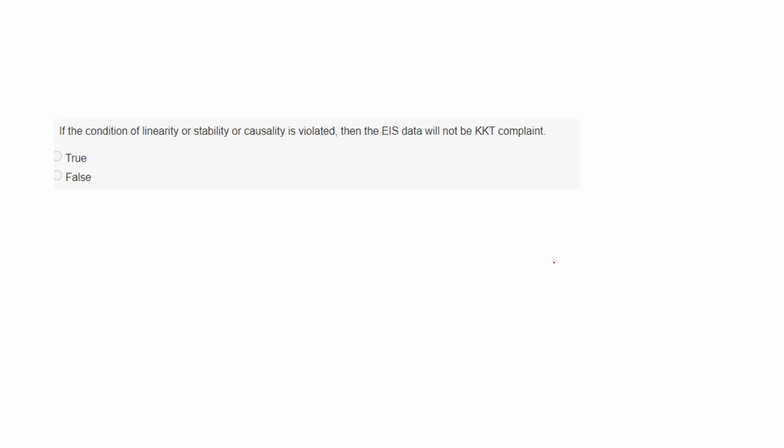Again, to stress, only if the system is not stable will KKT always be able to say that it is not compliant. So these are only sufficient conditions, not necessary conditions. There are cases where one of them is violated and still the EIS data can be flagged off as KKT compliant. These were taught last time, so the answer is false.